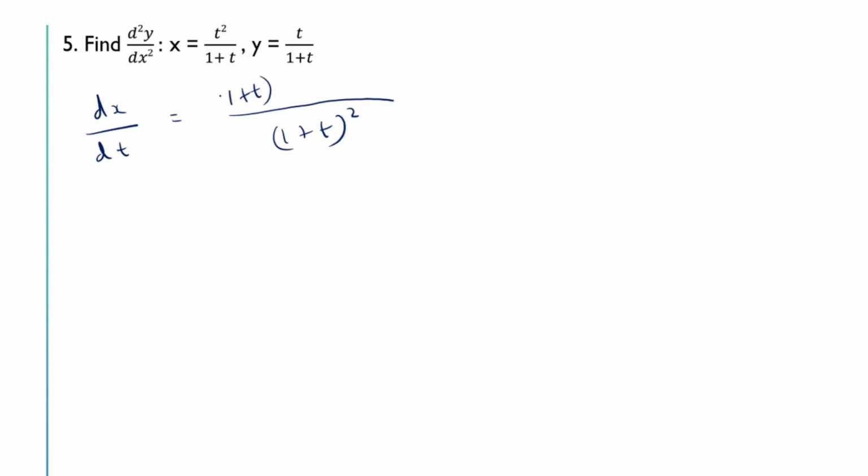Keep the denominator and differentiate the numerator, minus keep the numerator and differentiate the denominator. So this is equal to 2t plus 2t square minus t square. So it is 2t plus t square divided by 1 plus t the whole square. This is dx by dt.